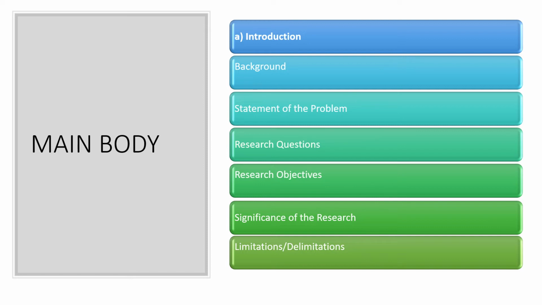In introduction, you give a brief overview about your research, then you move to the background, then you write down the statement of the problem. You can also write certain research questions, research objectives. You also give the significance of your research, and you also include certain limitations and delimitations. Each and everything will be explained in the upcoming slides.